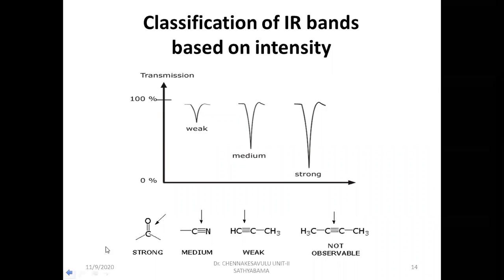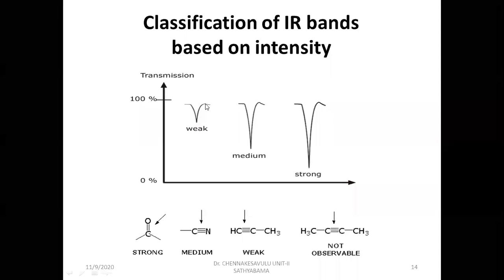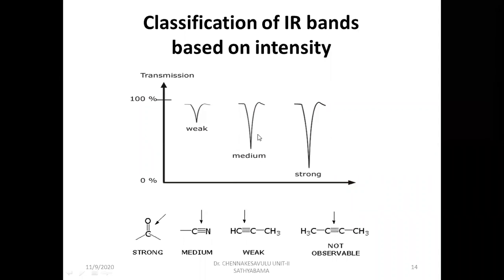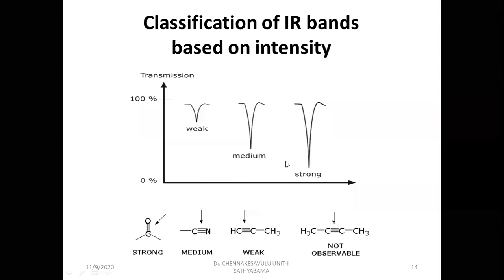Weak means acetylenic compounds will give this type of weak bands, and nitriles will give a medium band or peak. In carbonyls, the carbon-oxygen electronegativity difference is very high, so this group has more dipole moment. That's why it gives a strong absorption peak.